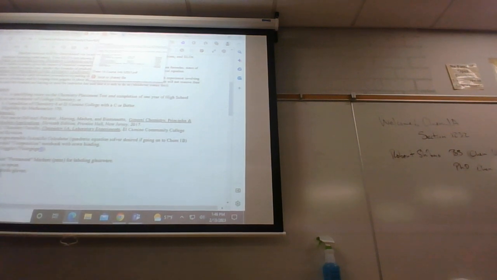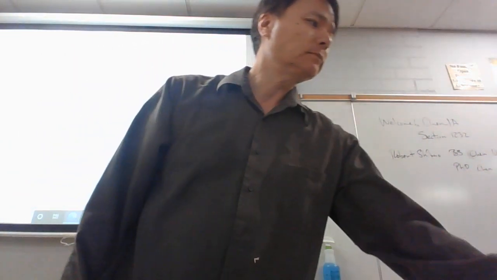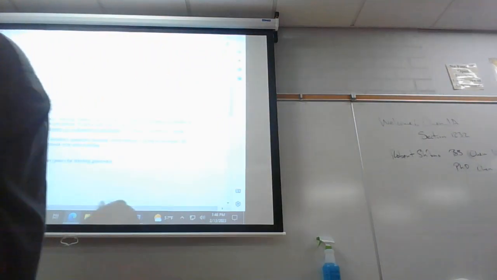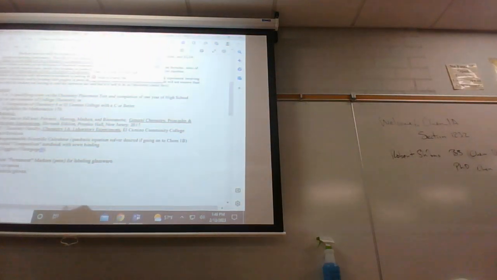We'll also want a quad-ruled notebook for the laboratory. Let's see, I have one here. Just a composition notebook with sewn binding, and it's nice to have it graph paper ruled. Here we have the table of contents, the 10 experiments this year.